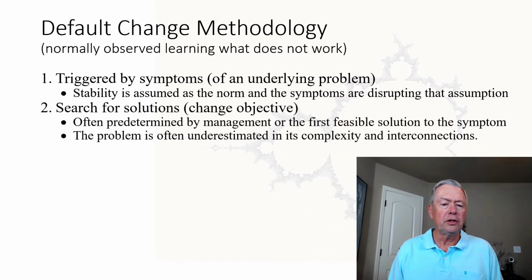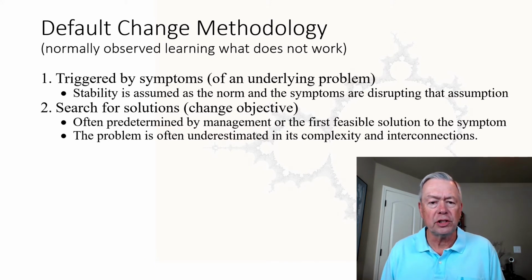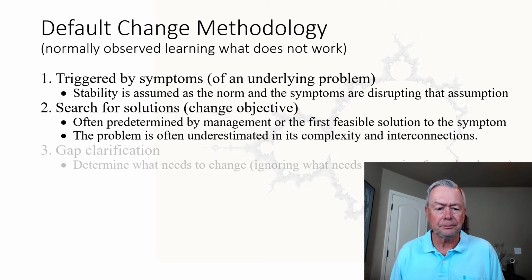Moving forward then, there's a search for solutions, which is your change objective. Too often these solutions are predetermined by the management of what they would like to do, or the first feasible solution to the symptom. We are generally underestimating the complexity or the interconnection of the true problem itself.